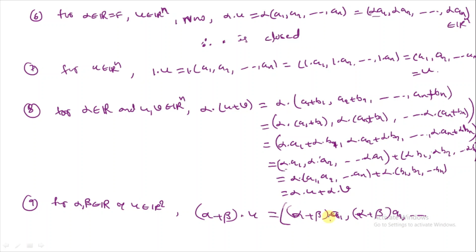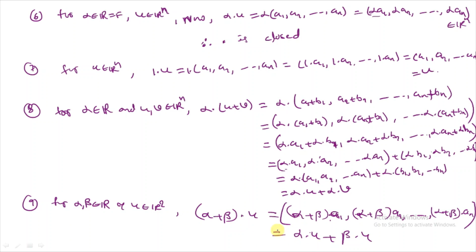Writing it directly, alpha plus beta dot u is simple for this one. These are real numbers, so again you can apply the distribution laws. Applying them and simplifying, we get alpha dot u plus beta dot u.